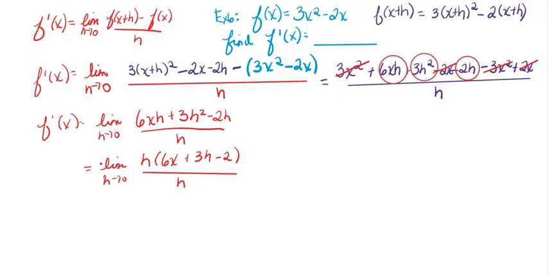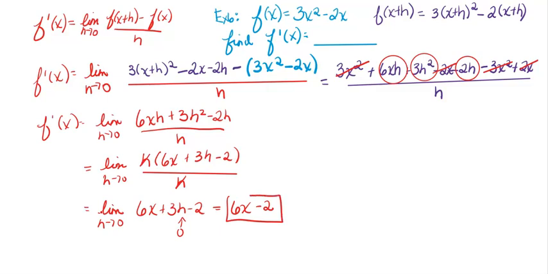And here, these h's cancel. So now my limit, oh goodness, I didn't mean to erase that. Sorry about that. My limit as h approaches 0 of 6x plus 3h minus 2. Well, if I plug in a 0 for every h, my limit is going to be 6x minus 2.